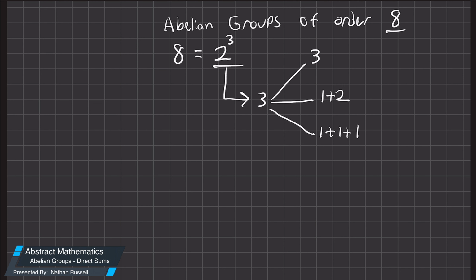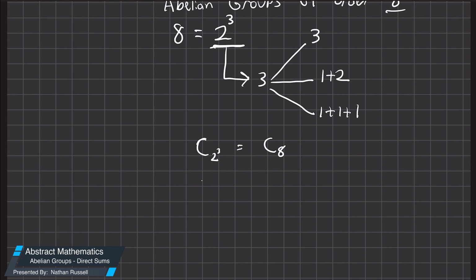So how many abelian groups of order 8 are there? Well, we only have one prime base. Its exponent is 3. There are 3 integer partitions of the number 3. And so that means the groups of order 8 are C2 to the third, which becomes C8.